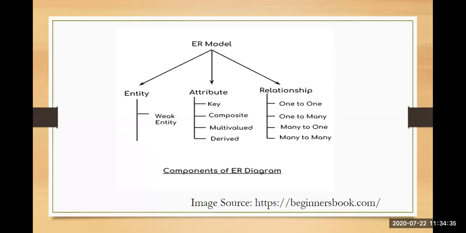Whenever I talk about attributes, it is divided into 4 parts: key attribute, composite attribute, multi-valued attribute, and derived attribute. Whenever I talk about relationship, which is also called cardinalities, it is divided into one-to-one relationship, one-to-many relationship, many-to-one relationship, and many-to-many relationship. We'll go through each of them in detail. Let's start.